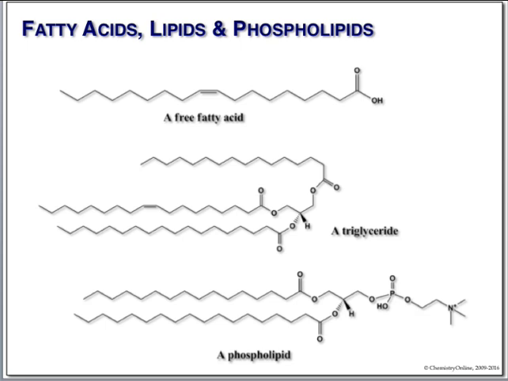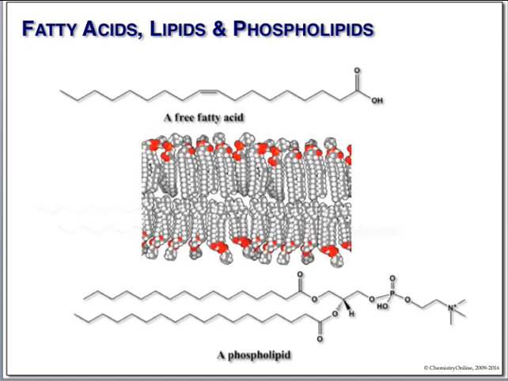The neat thing about phospholipids is that they form the barriers that surround every cell. That's the membrane. That's because this end is very, very water-soluble, hydrophilic, and this end is very insoluble, hydrophobic.